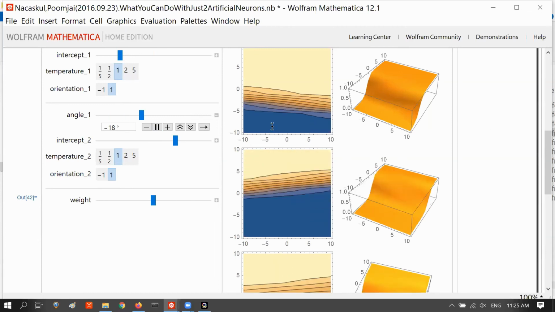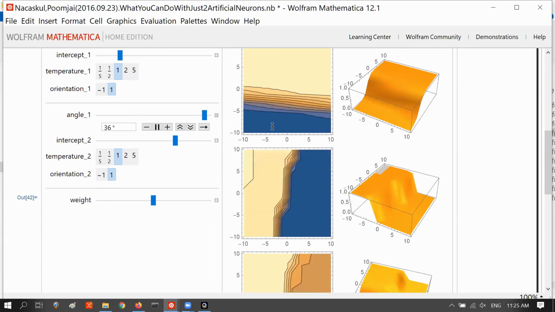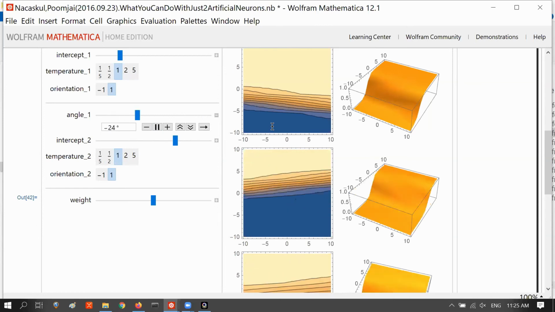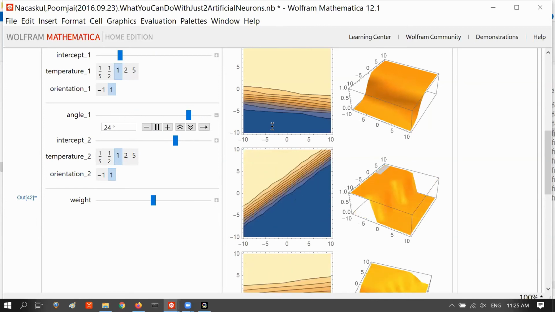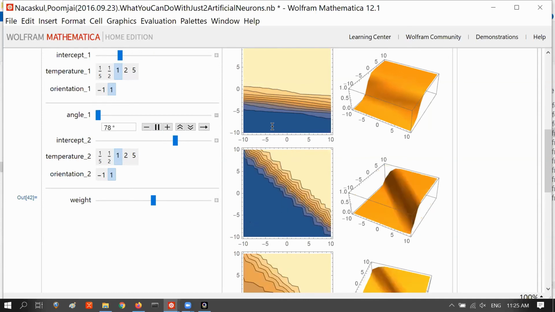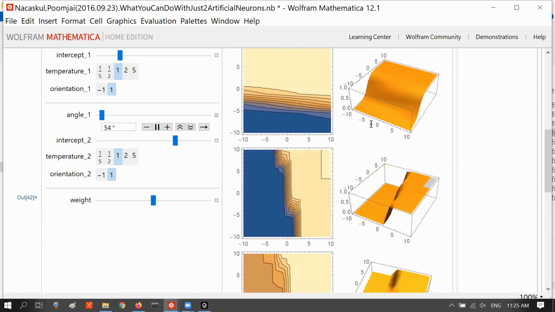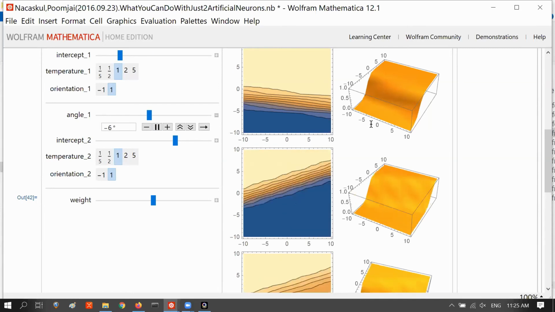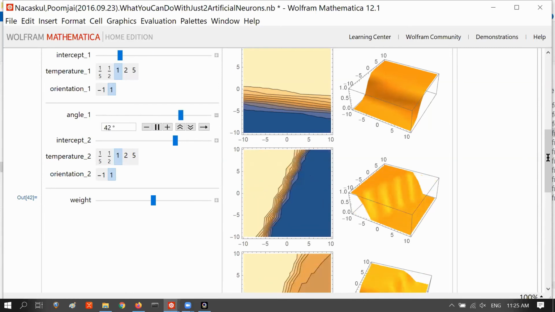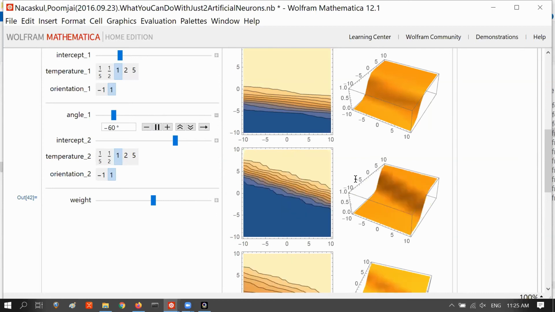You have this, by the way. I can do that. Maybe not. So you can see that the shape is very different, even though you start, so imagine this is 2 neurons.